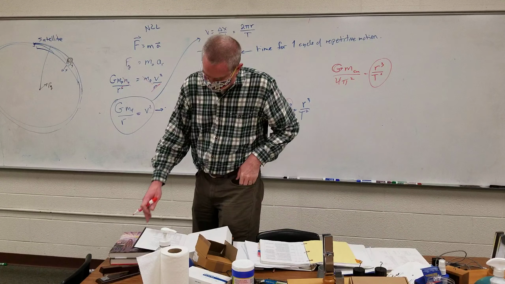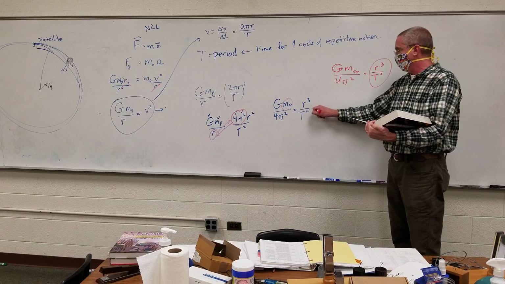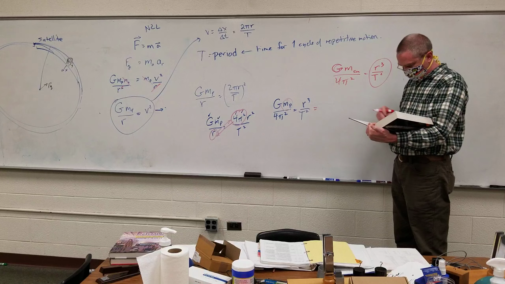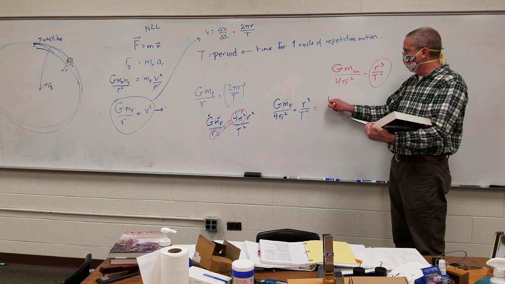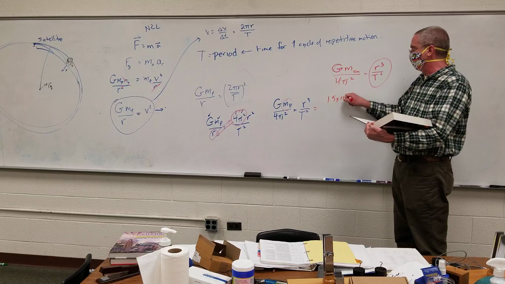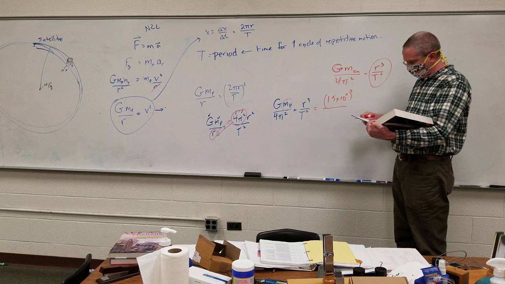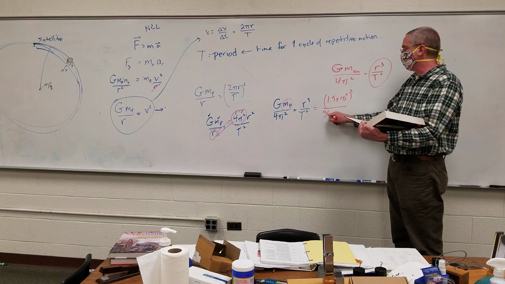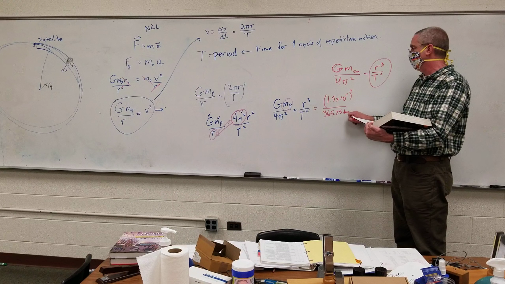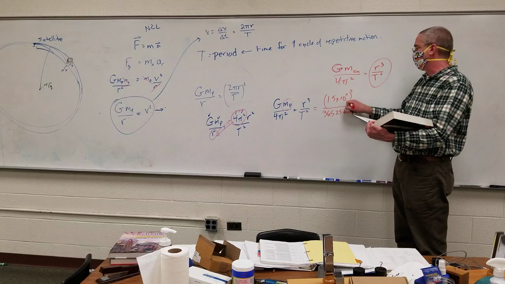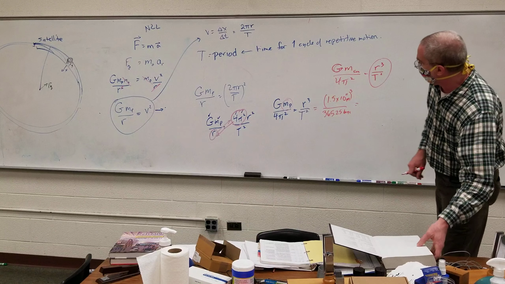This particular information has an orbital period in days, so let's first off do it for Earth. So the orbital radius of Earth, 1.5 times 10 to the 11th cubed, divided by how long it takes to go around, 365.25 days. And that was meters. So if someone would be kind enough to work that ratio out.